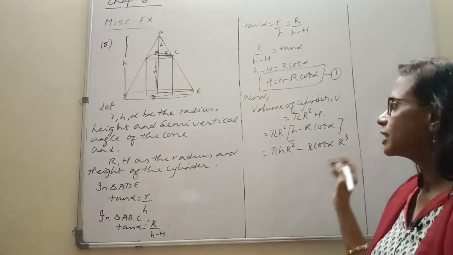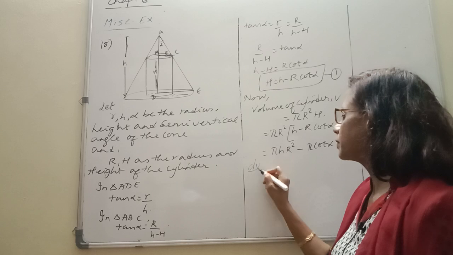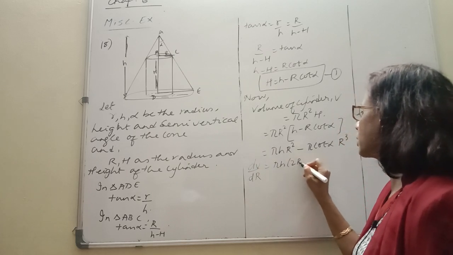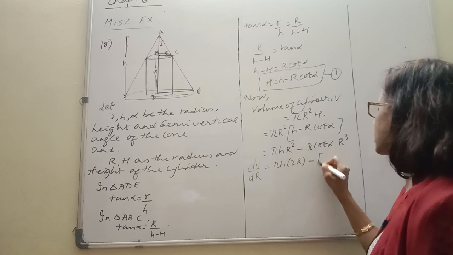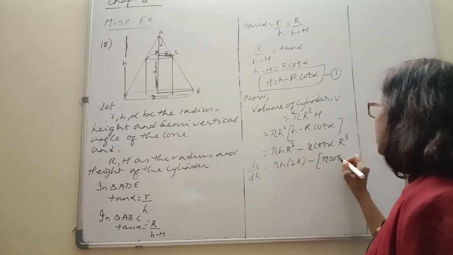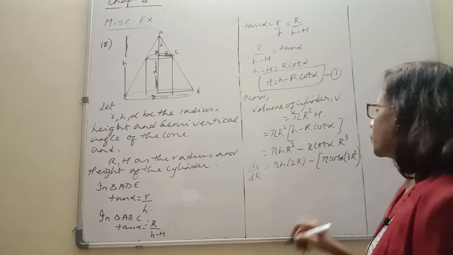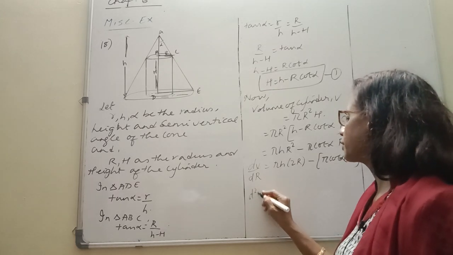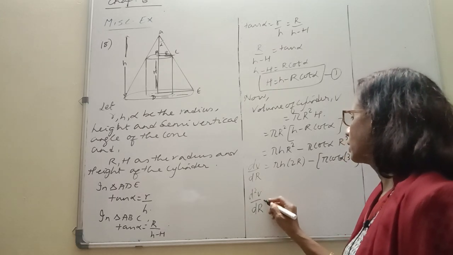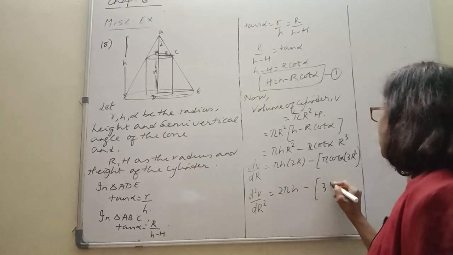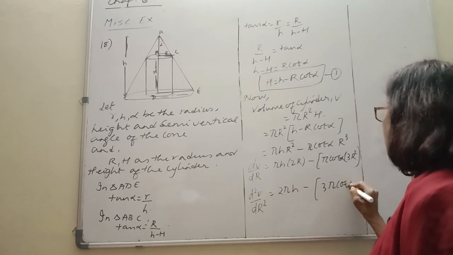So you've got everything in terms of r, so we can go in for the derivative, dV over dr. First derivative: pi H 2r, and this is pi cot alpha 3r squared. And also the second derivative, that is going to be 2 pi H minus 3 pi cot alpha and 2r.